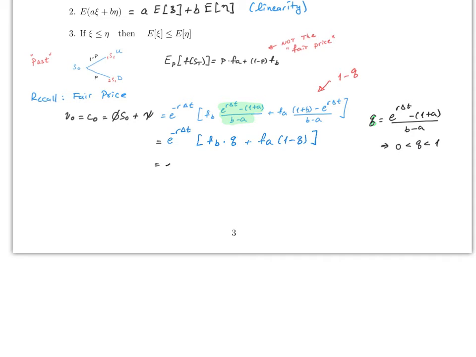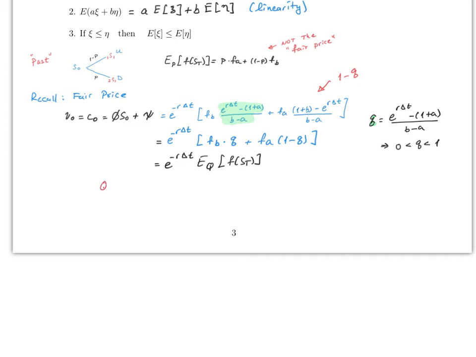So this equals e to the minus r delta t times the expected value, but now with respect to q instead of p, of the payoff function. And remember, this is the actual price. In fact, this is the arbitrage-free price, or the no-arbitrage price.